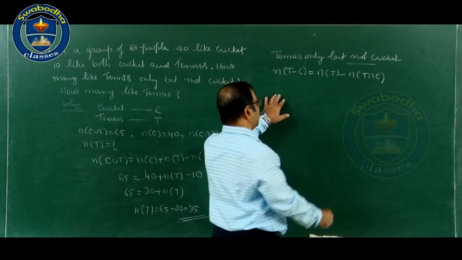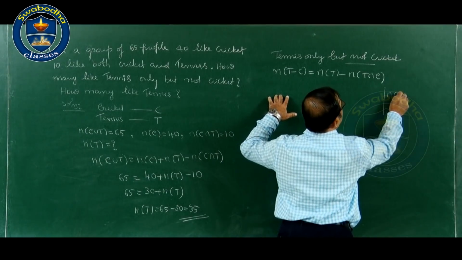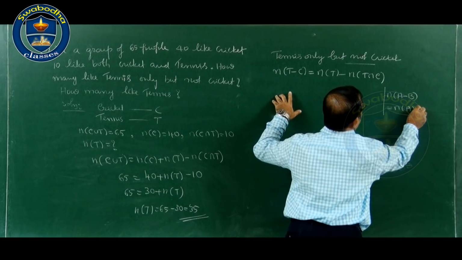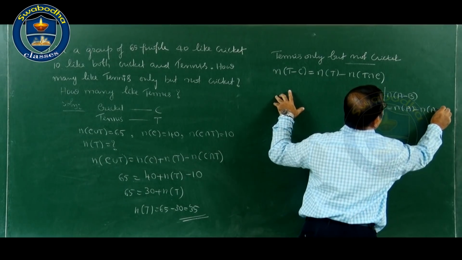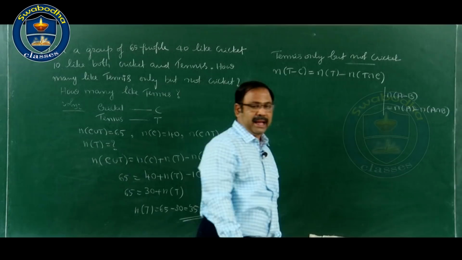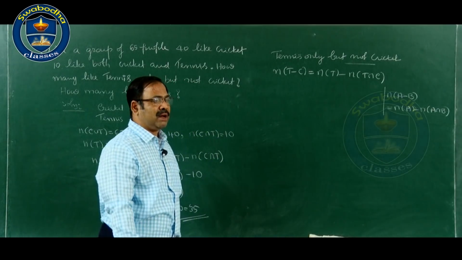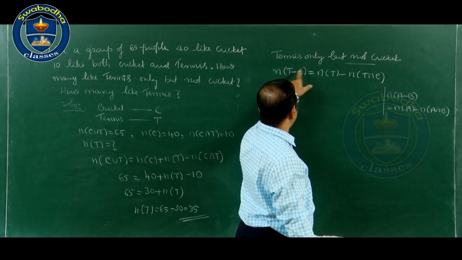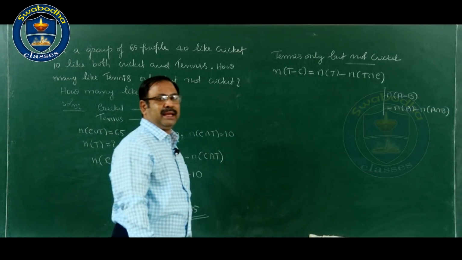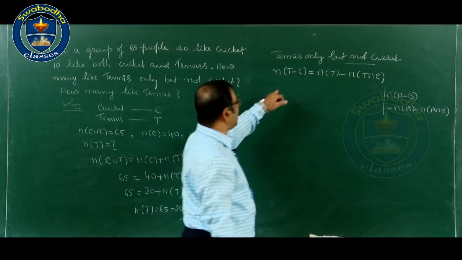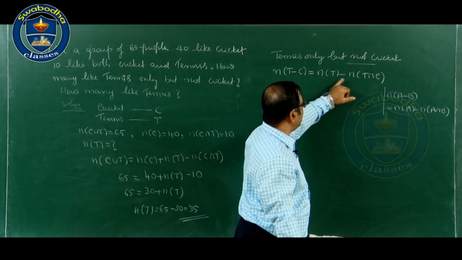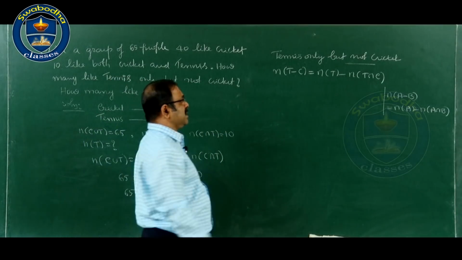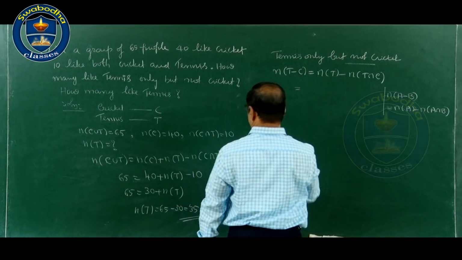I have already written a formula: N of A minus B is equal to N of A minus N of A intersection B. So N of T minus C is equal to N of T minus N of T intersection C. What is N of T?